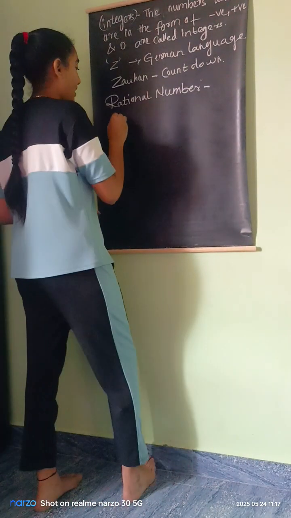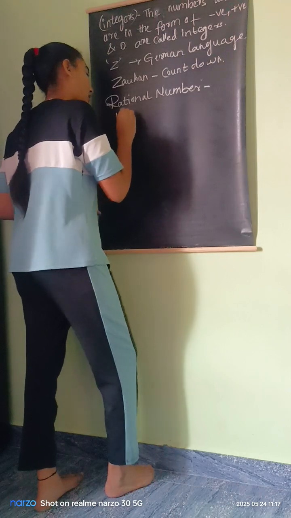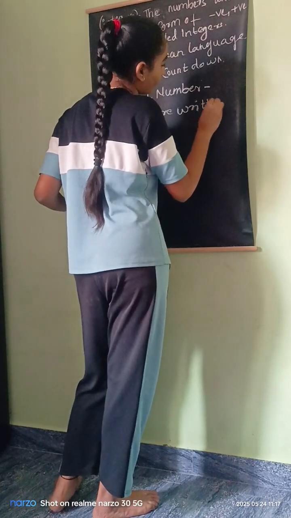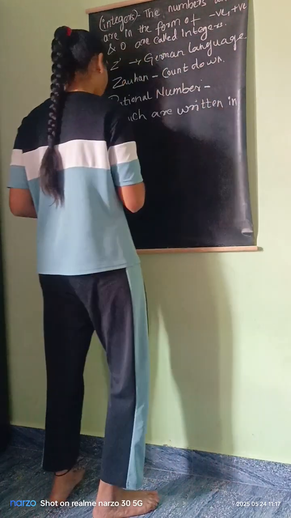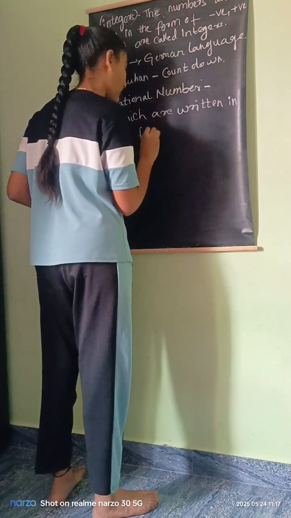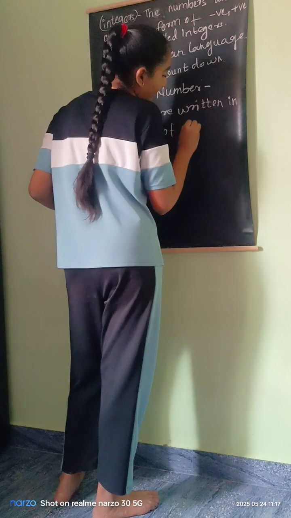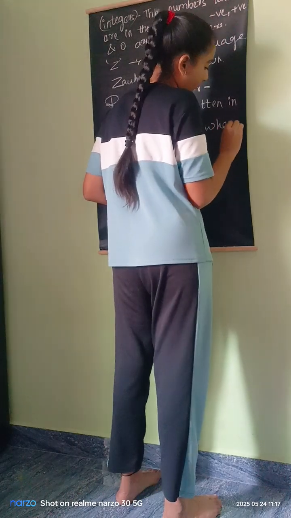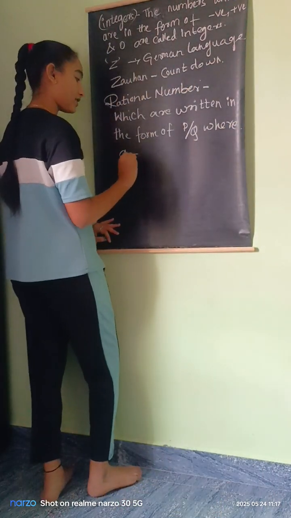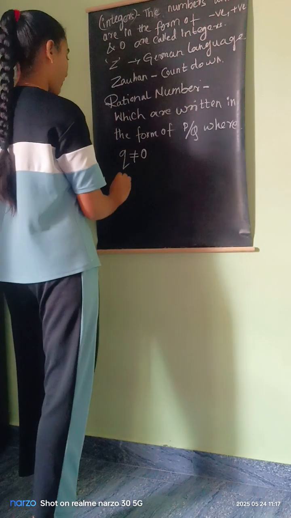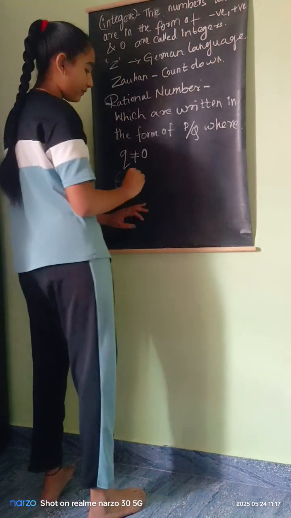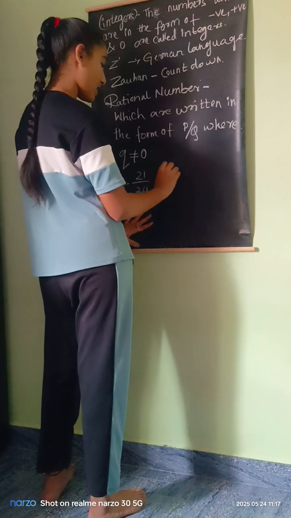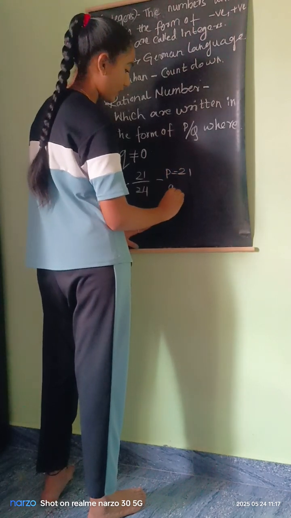A rational number is a number which is written in the form of P by Q, where Q is not equal to 0. So some of the examples might be 21 by 24. Here the P value is 21 and the Q value is 24.